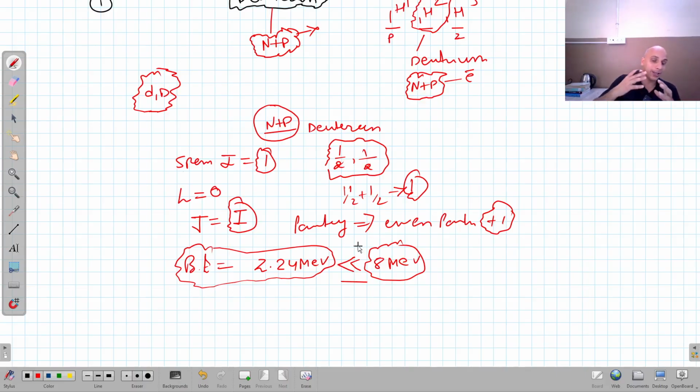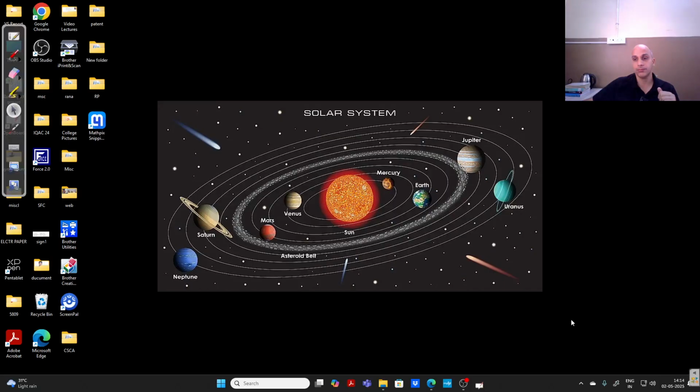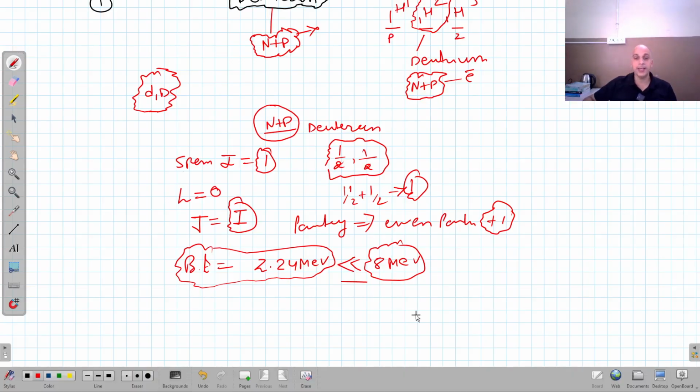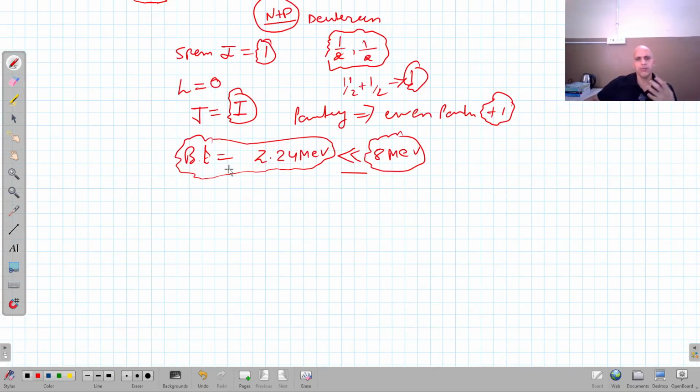So we can say that deuteron is a very loosely bound state. Usually deuteron is found in the ground state, and excited states rarely exist.